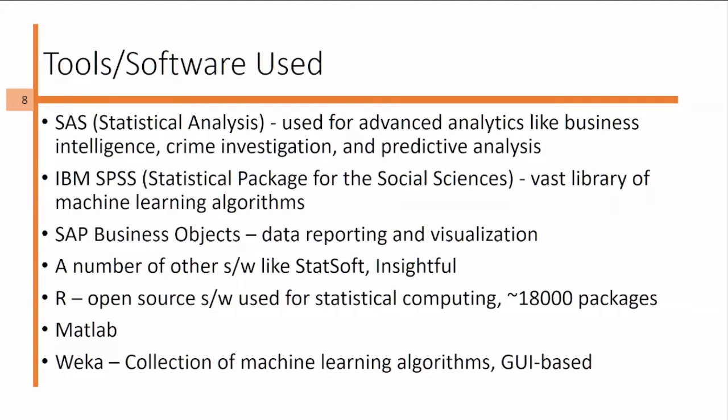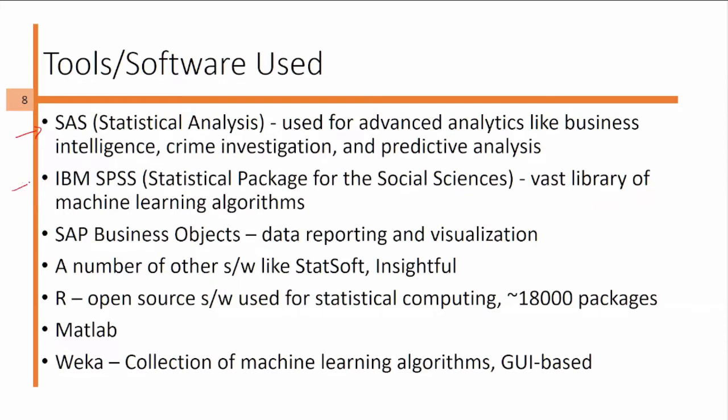So what are the tools which we use for prediction? One is SAS, Statistical Analysis System, from SAS Institute. It's used for advanced business prediction, crime investigation, and this is a commercial software.